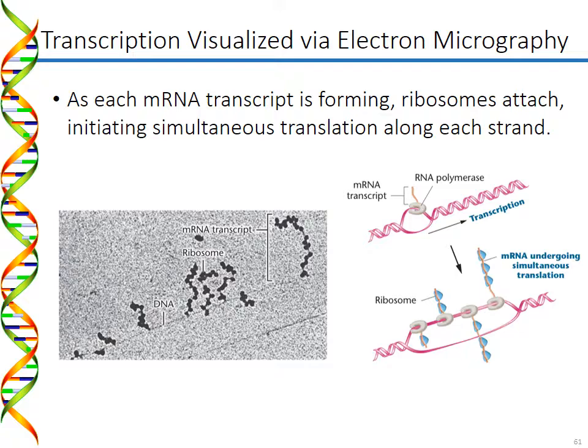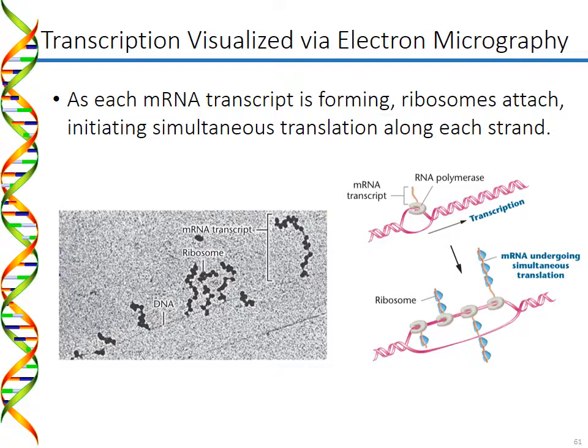And so you see, moving from left to right, mRNA transcripts. You can see them indirectly by the number of ribosomes that are bound to them.